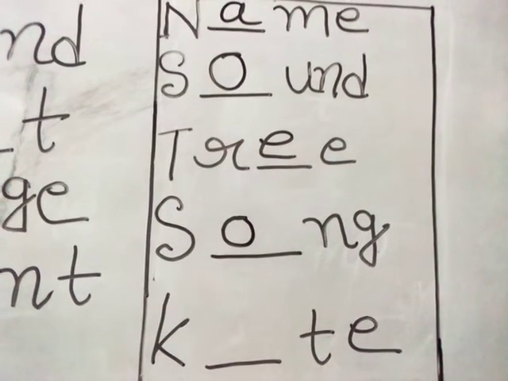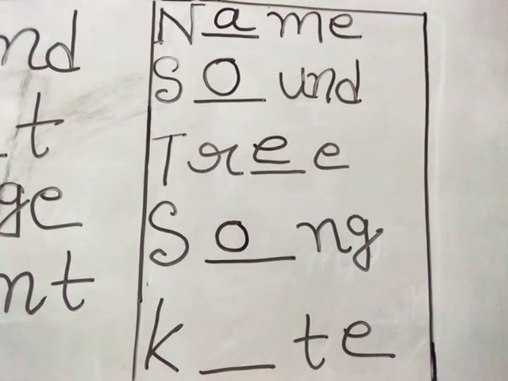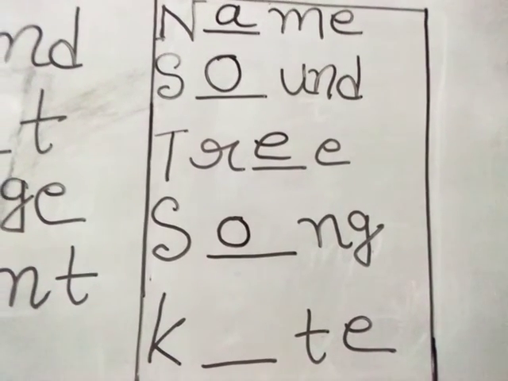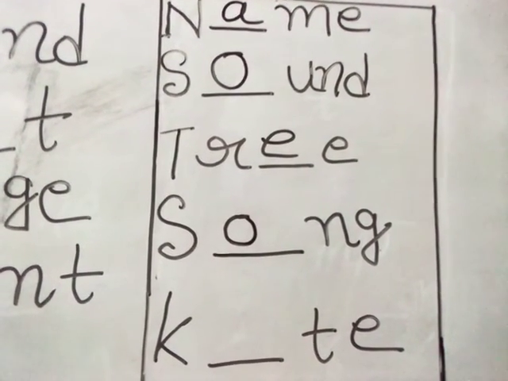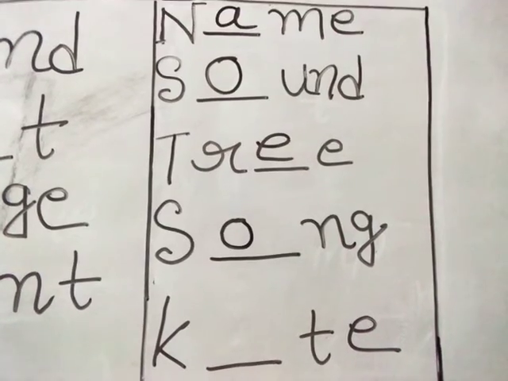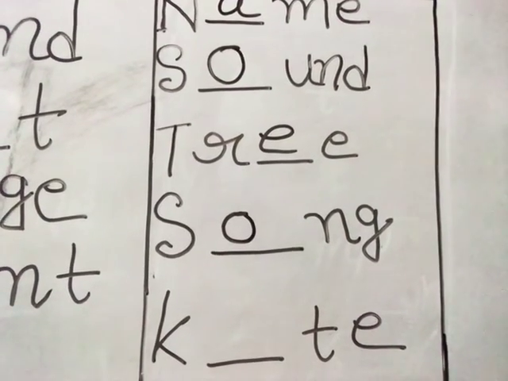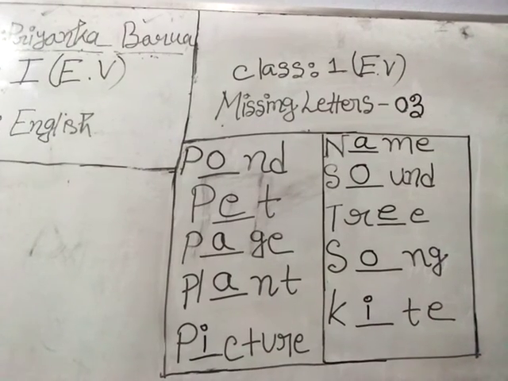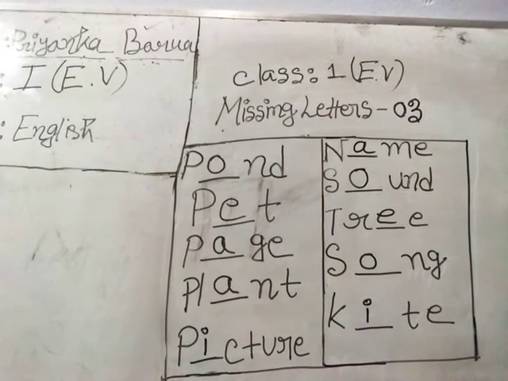So kite is basically a sports tool, or it's a kind of flying kite. It's a kind of game also, isn't it? Okay, babies. So we have done all of the problems.